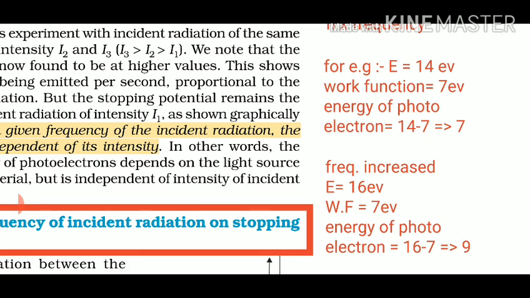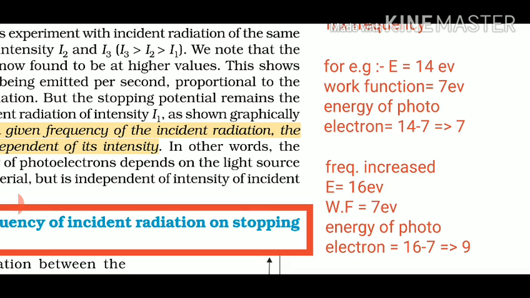Let us suppose these two are the electrons with maximum energy. To stop a 7 eV electron you will require a lesser potential as compared to stopping a 9 eV electron. So I can conclude that if frequency is increasing, the value of stopping potential will also increase.